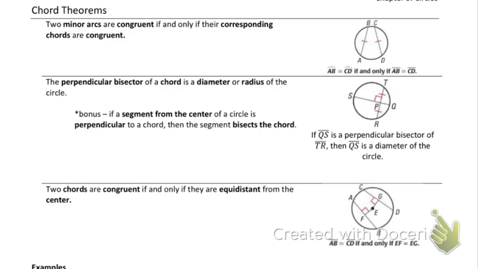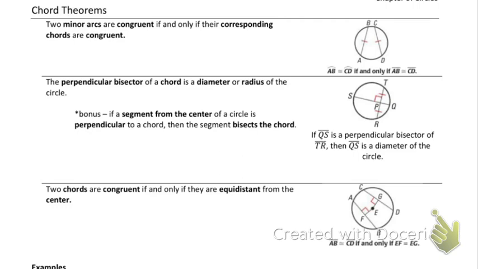So this says arc AB is congruent to arc CD if and only if chord AB is congruent to chord CD. So if BA is congruent to CD, that means the arcs they cut are also going to be congruent. You could go the opposite direction.